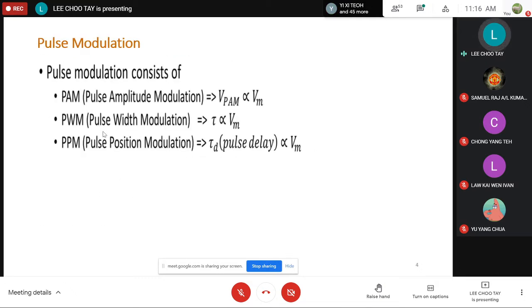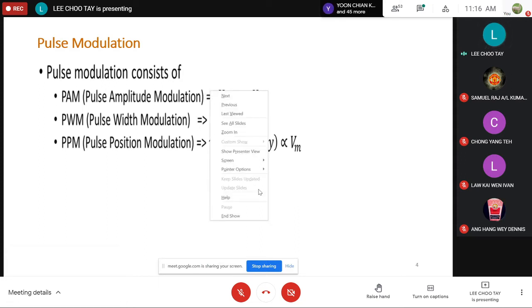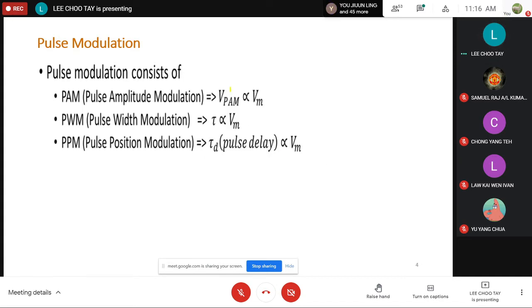So pulse modulation, as I mentioned previously, consists of three types: PAM, PWM, and PPM. PAM is pulse amplitude modulation. In this modulation technique, as the name suggests, the amplitude of the pulse is proportional to the amplitude of the message signal.